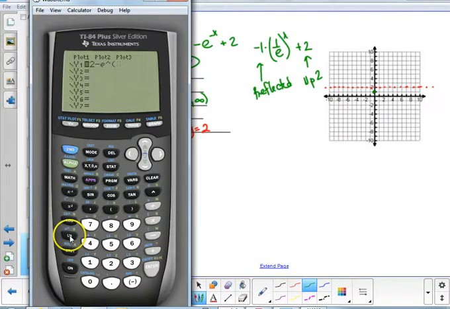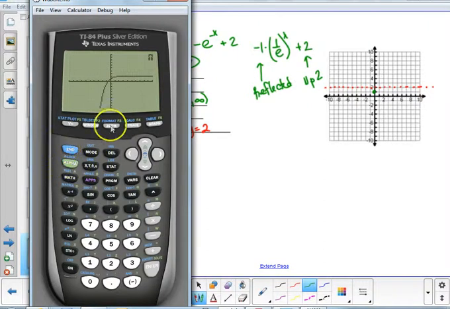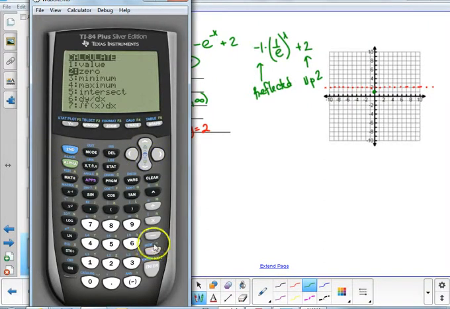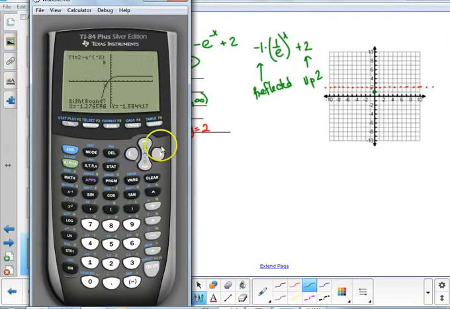Remember, your e is second natural log button. Seems like less typing. And because I want to know where it intersects the x-axis, I'm going to find the 0 of the function. So second trace, 0, and then you're going to do this left bound, right bound jazz. And I have an x-intercept of negative 0.69.